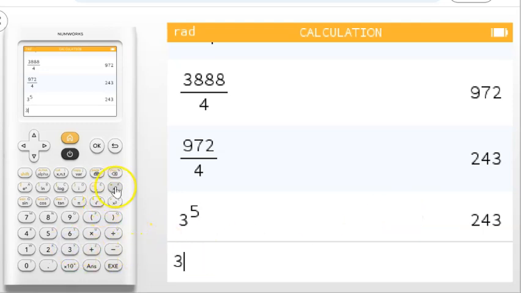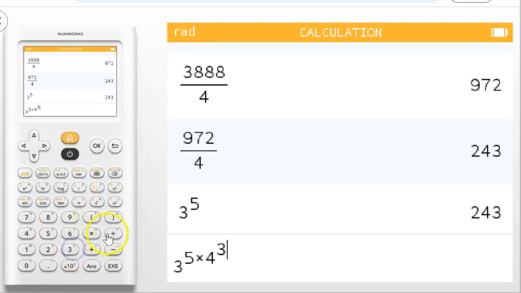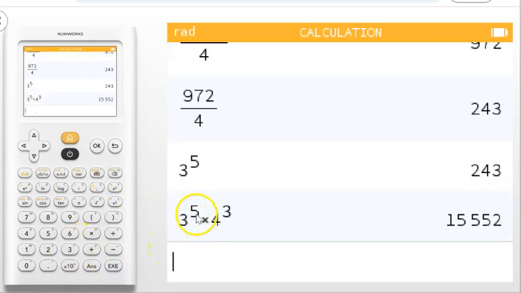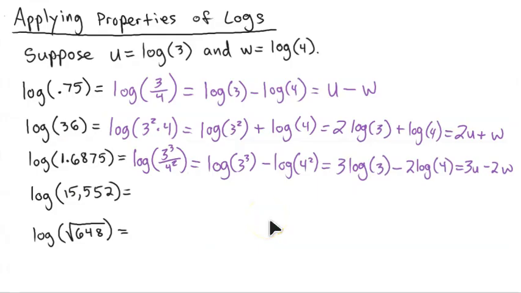So 3 to the 5th power times 4 to the 3rd power gives us 15,552. So 15,552 is the same thing as 3 to the 5th power times 4 to the 3rd power, okay?